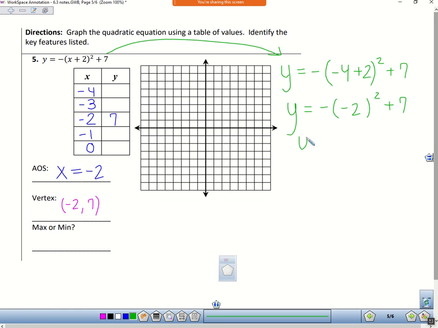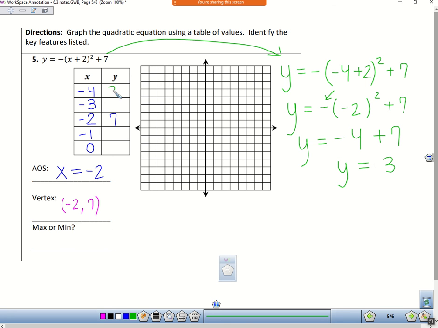Now, what comes after p in PEMDAS? Exponents. So what's -2 to the second power? 4, but it becomes negative again because of the negative sign on the outside. Plus 7. What's -4 plus 7? Same thing as 7 minus 4. 3.